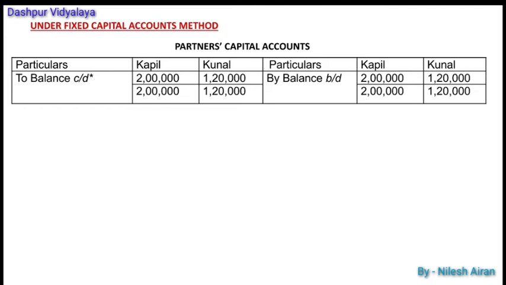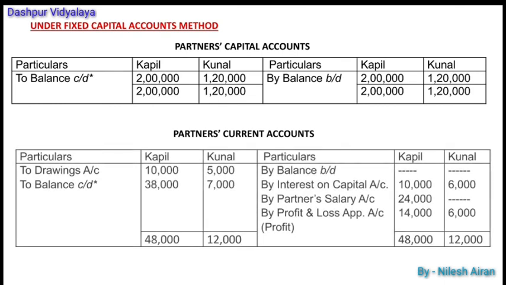In the partner's capital account, we record only the balances of the capital, and if there is a permanent withdrawal of capital, that is debited, and if additional capital is brought in by any partner, that is credited. So here you can see that Kapil and Kunal's capital is recorded on the credit side, as capital is a liability and always has a credit balance. So by balance BD, rupees 2 lakh and rupees 1,20,000, the same amount will be carried down.